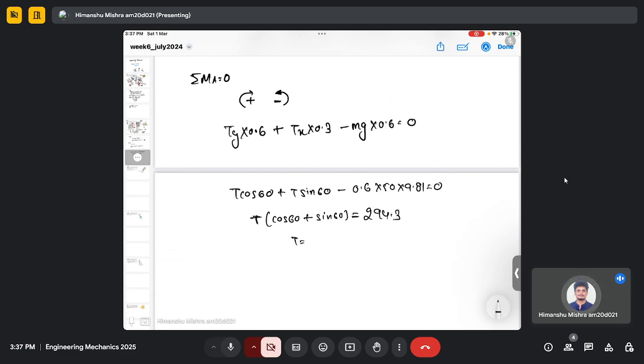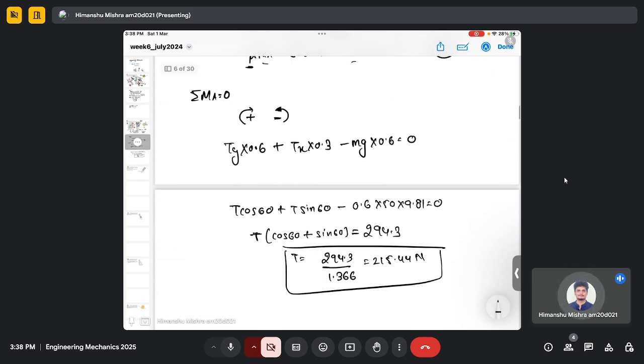So T will be 294.3 divided by 1.366, which is 215.44 Newton. So this is my T.